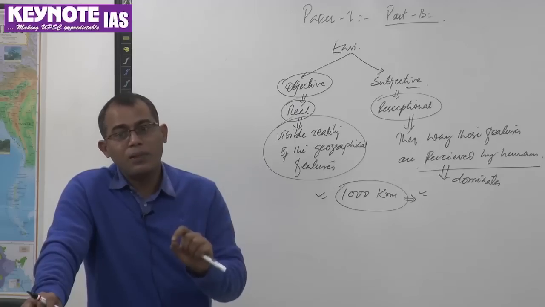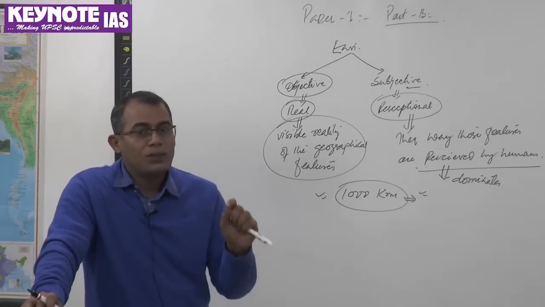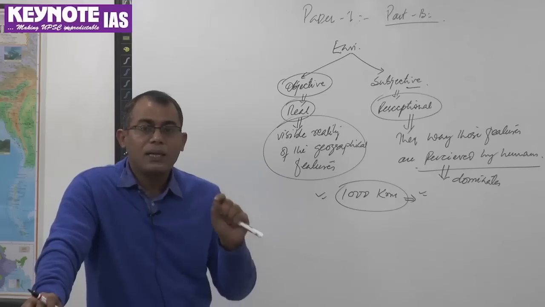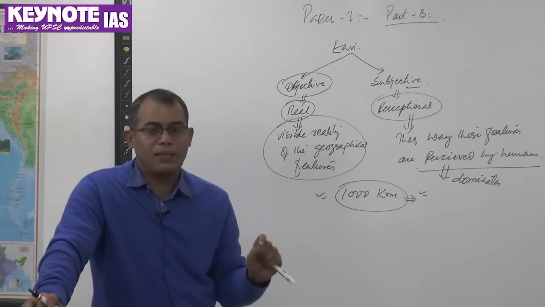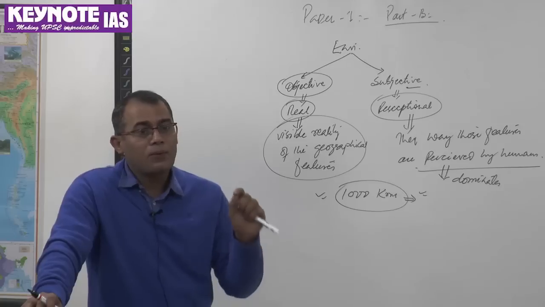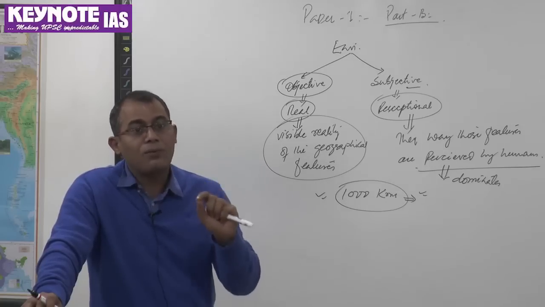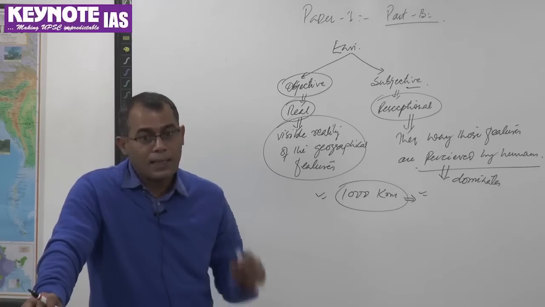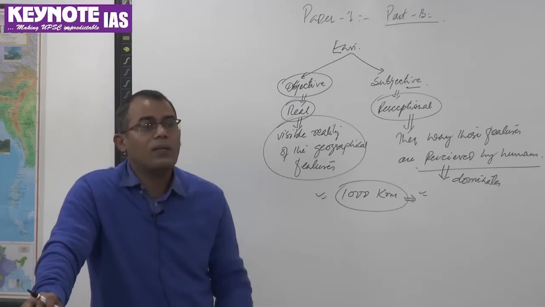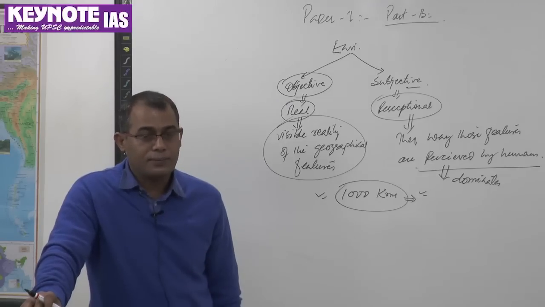A would-be IAS officer is supposed to see geography, or for that matter any subject, from his or her own perspective, which is the need for a would-be IAS officer, and that will make your answer different from the college-going writers, right?